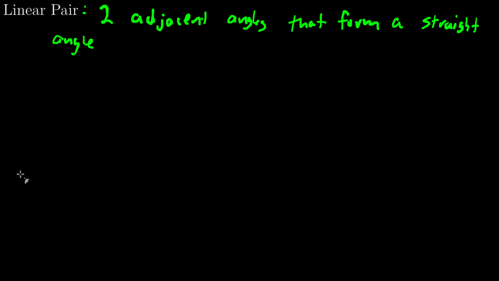So what this looks like in a very general sense is if I have a straight angle split into two angles here and here, this angle A, this angle B, these are a linear pair. Now, it can look like this, or it can actually look like that.